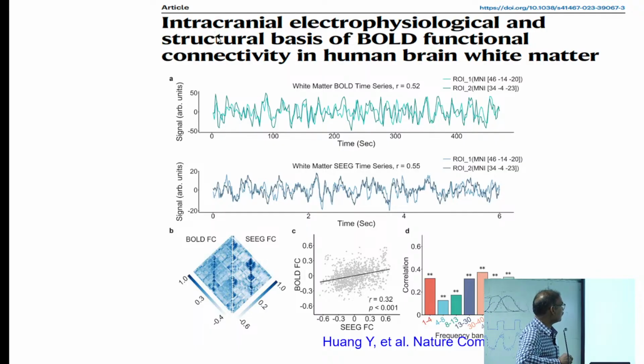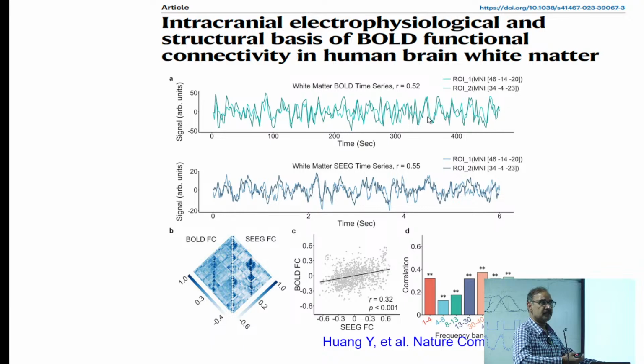quality stereoscopic EEG signal, the intracranial electrophysiological signal, and they looked at the white matter time series and then correlated it with the stereoscopic EEG signal and showed that between 2 regions, the correlation was fairly good, right?